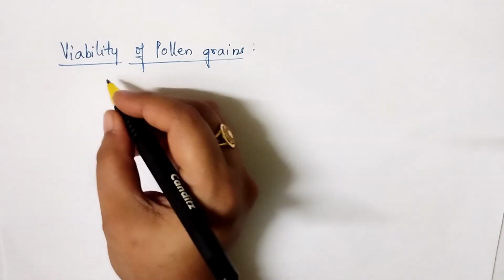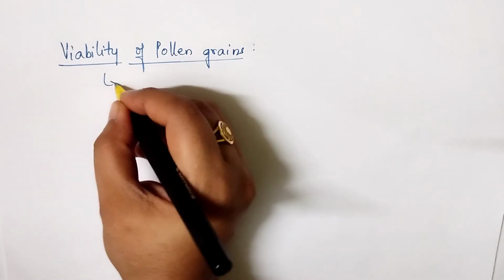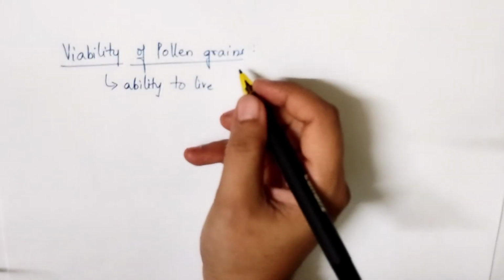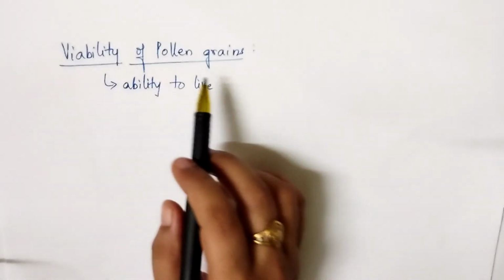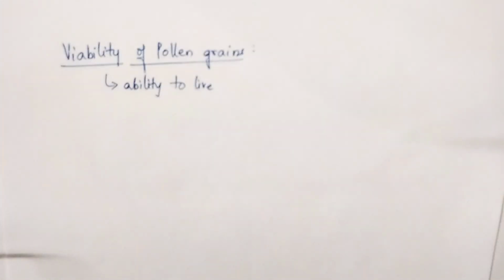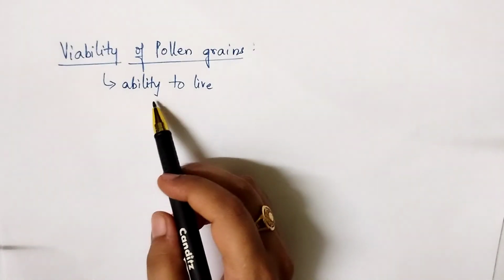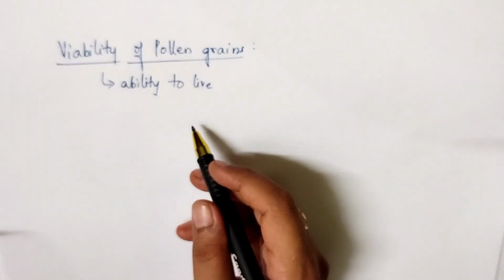Now let us talk about the viability of pollen grains. What is viability? Viability means the ability to live. Once the pollen grains are shed, they have to land on the stigma before they lose their viability. The period for which the pollen grains remain viable depends on the species and also on external temperature and humidity.